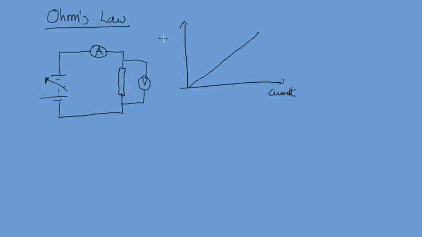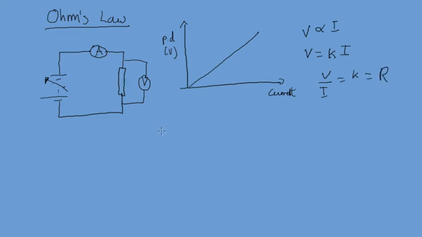This is potential difference in volts, and we find that voltage is proportional to current. And this is Ohm's law. So this tells us that voltage has some kind of constant of proportionality that we multiply with I. So V over I would give us this constant of proportionality, and we find that this is equal to R, the resistance.